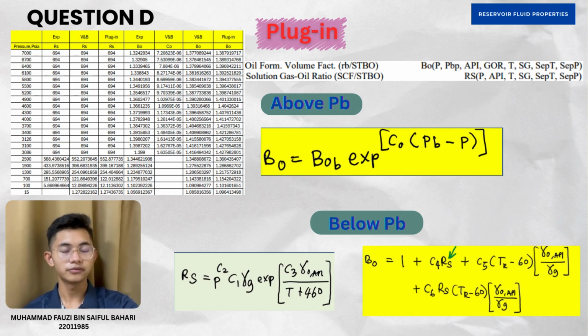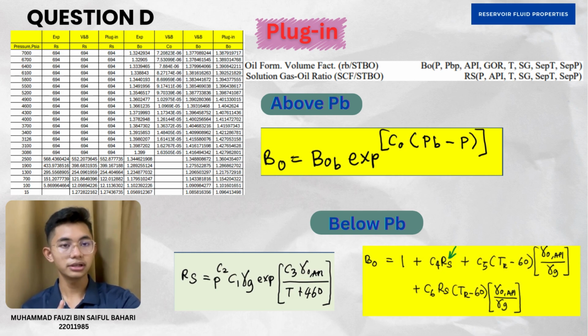For the plug-in, as you can see in the format, first we need to insert the PVT file in the Excel, follow the format, pick suitable data, put it in the format, and you can get the data easily. But for the viscous index, we have a formula.